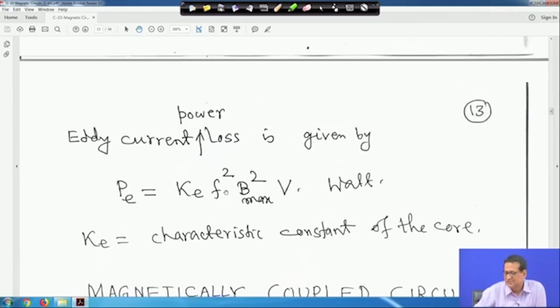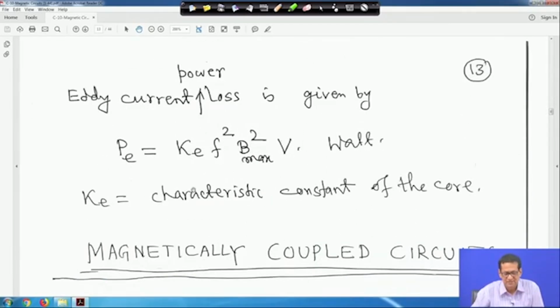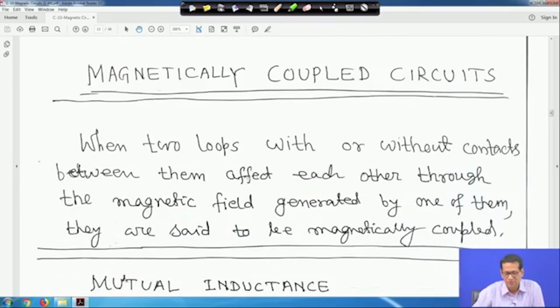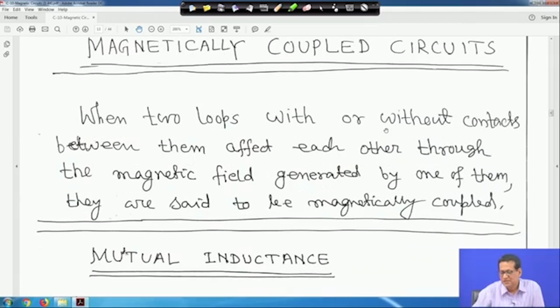So, up to this point, that was a little bit on the magnetic circuit. Now, next is the magnetically coupled circuit. When two loops, with or without contact between them, affect each other through the magnetic field generated by one of them, they are said to be magnetically coupled, right.